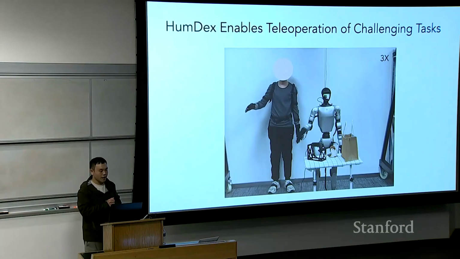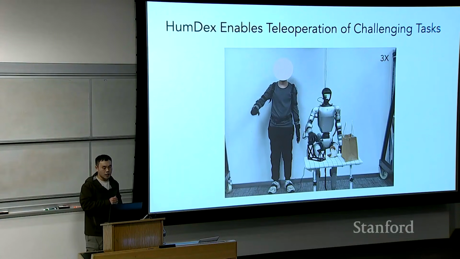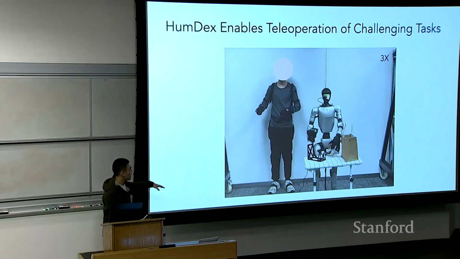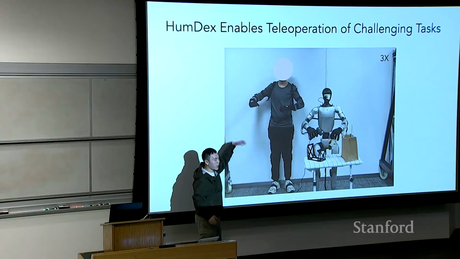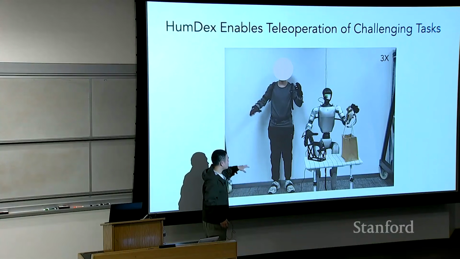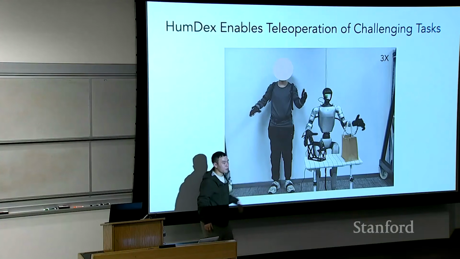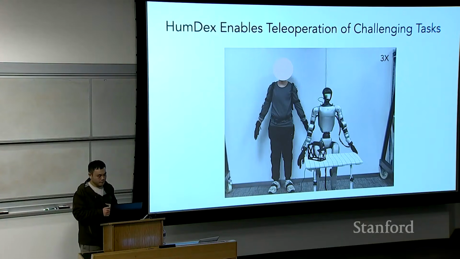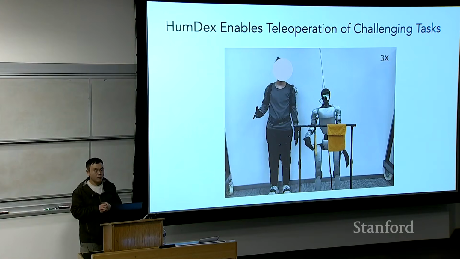As a result, we can achieve some challenging teleoperation tasks. This is a human operator wearing full-body IMU trackers and using them to teleoperate a robot with 5-finger hands. Here's another example.